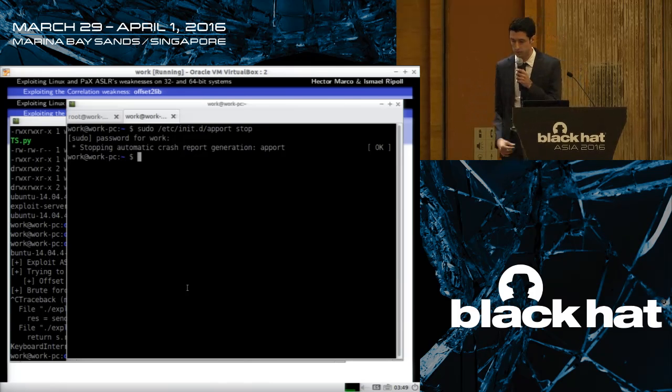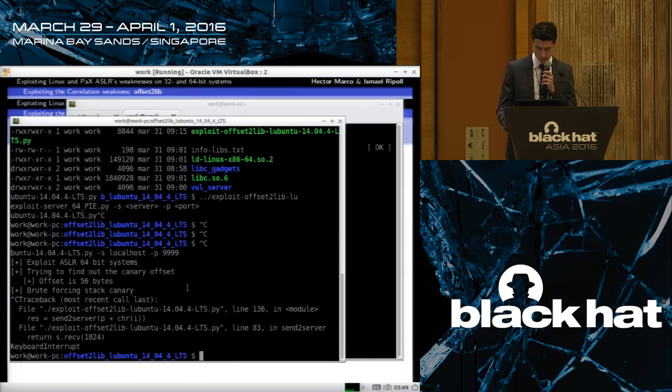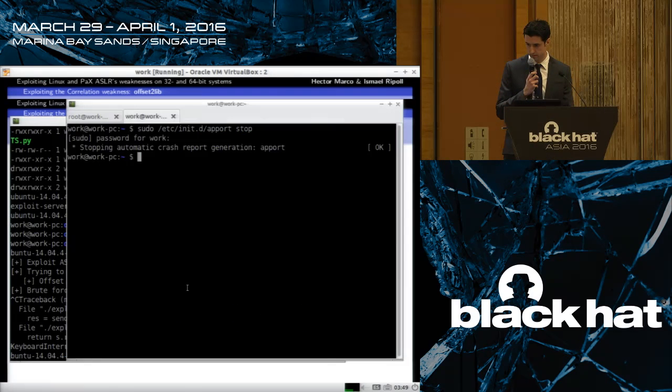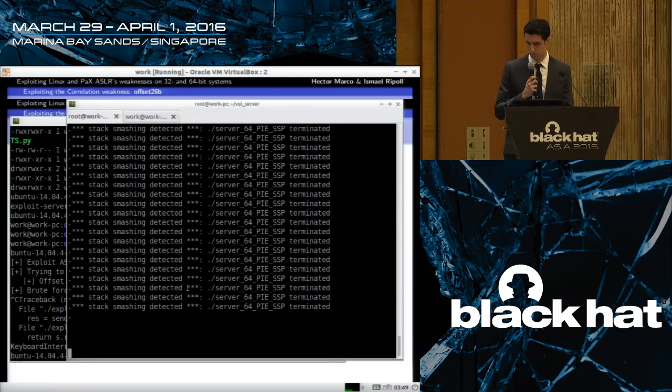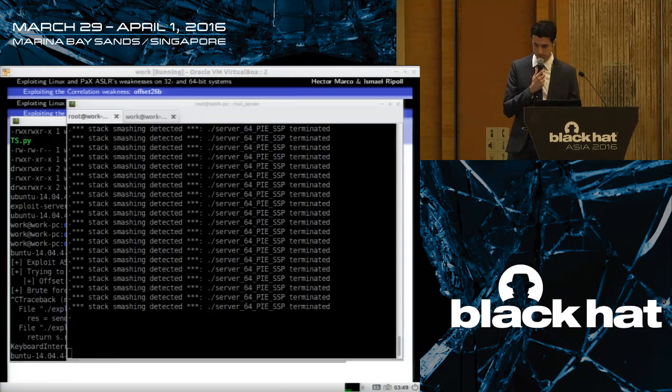Okay, I stopped the crash report generation. As you can see in the other window, there are a lot of stack smashing detected messages, but anyway.